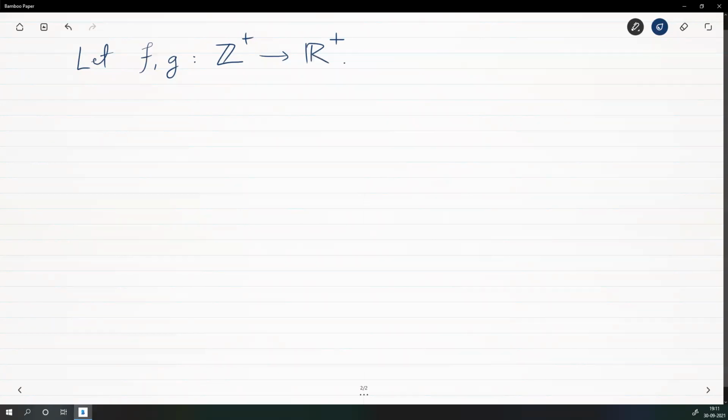Okay, so this is about the growth of functions. So the first one is that we say f is equal to big O, it's called big O, and it's written just as an O. Okay, big O of g, if, what does this mean?